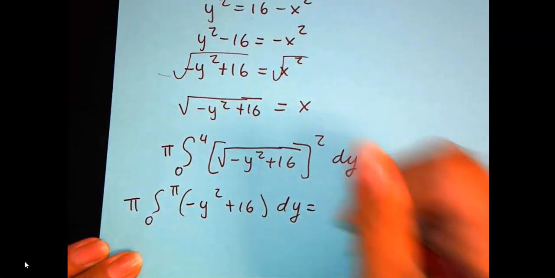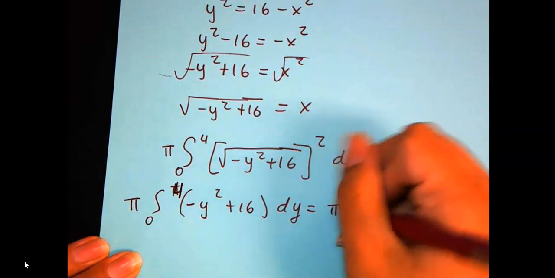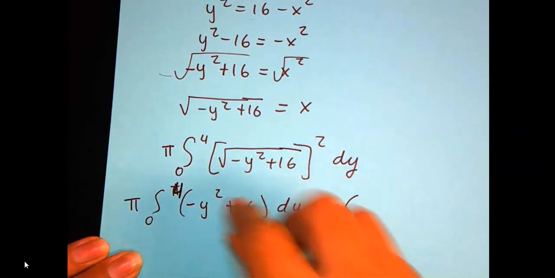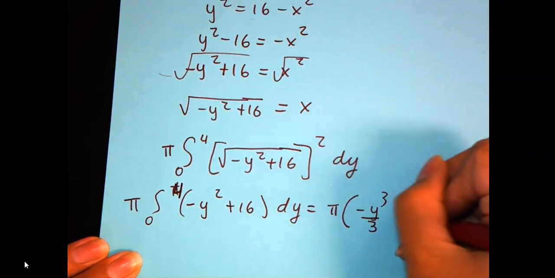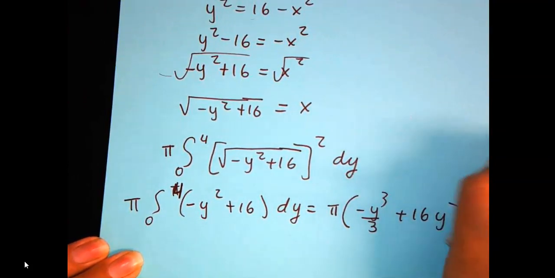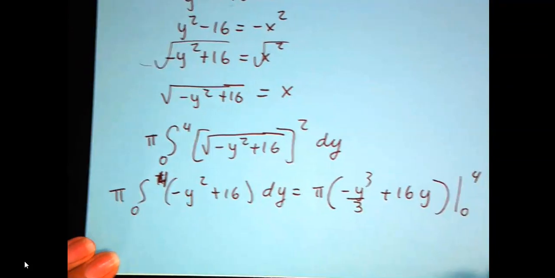Let's do the integral. We have our pi. I am so sorry, this is 4. So we have pi. Here we add 1, so it's negative y cubed over 3, and then 16y. And we're going to evaluate it from 0 to 4.